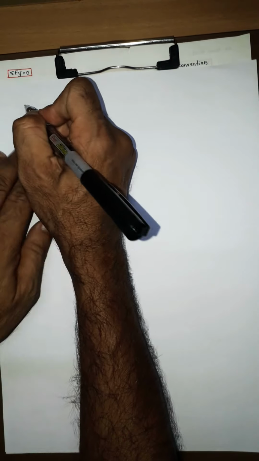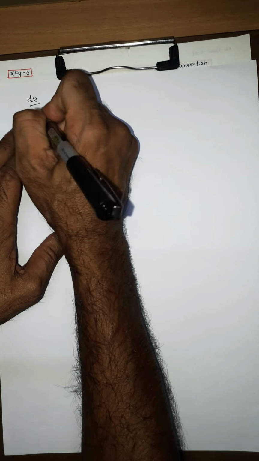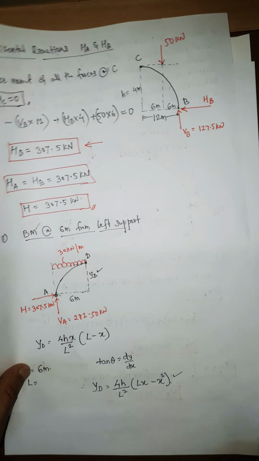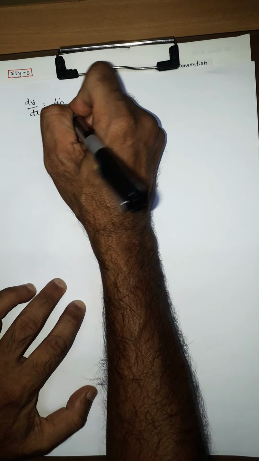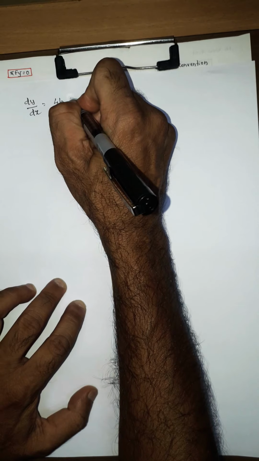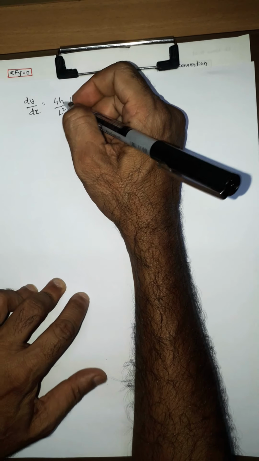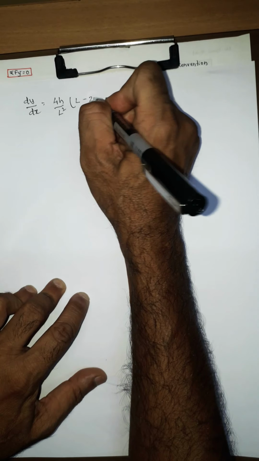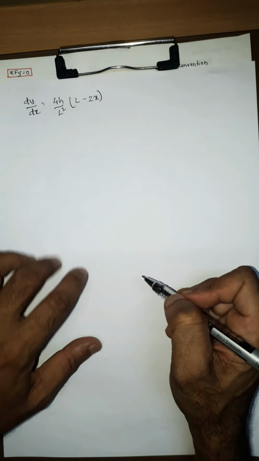Okay, now let us find out dy by dx. So dy by dx, that is, differentiate this equation with reference to x. So after differentiating we get 4h by L square into (Lx minus x square differentiated, which is L minus 2x).